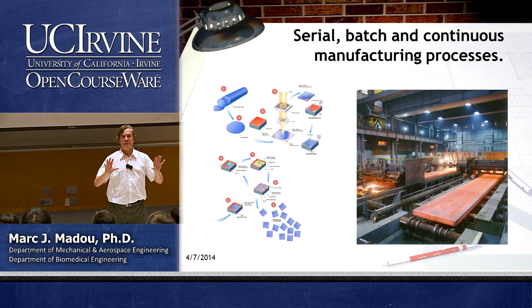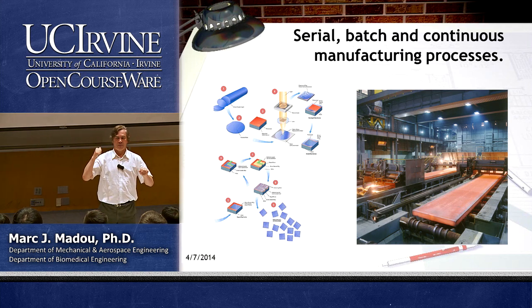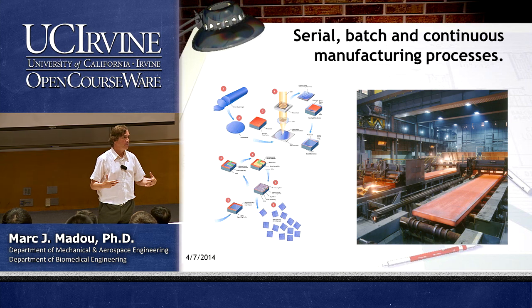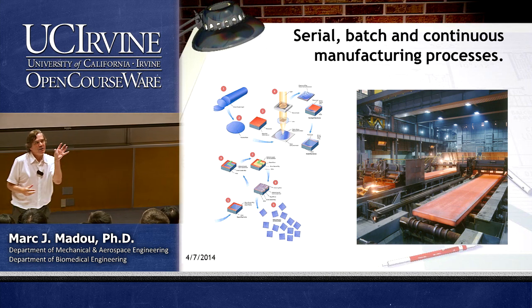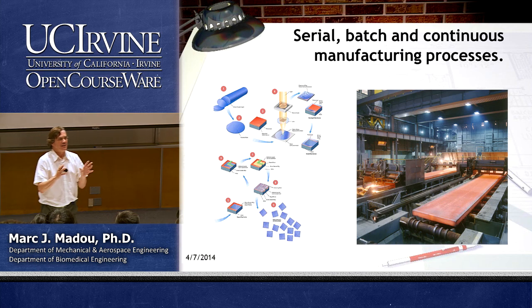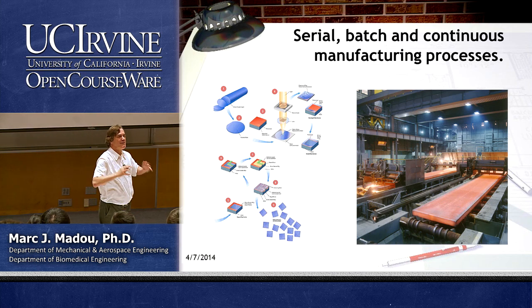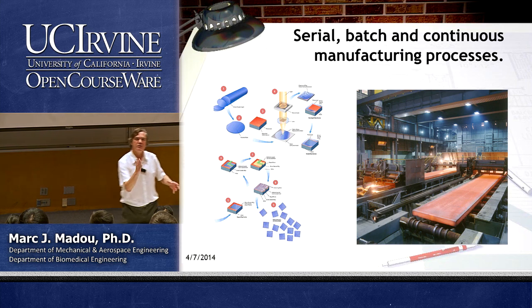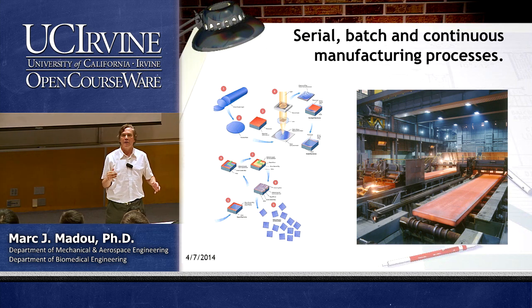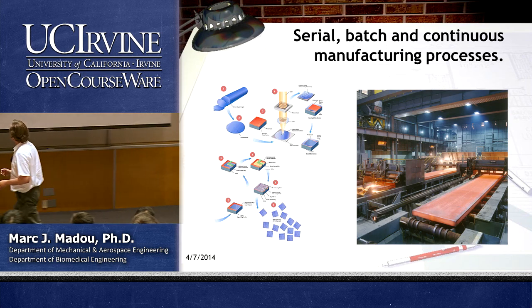Additive, subtractive. And now? Serial, batch, continuous. So you can already start feeling that there's quite a bit of order to be created in this dramatic number of manufacturing processes. And by doing this in this class, I think you'll be able to kind of weave your way through all of the different methods available.